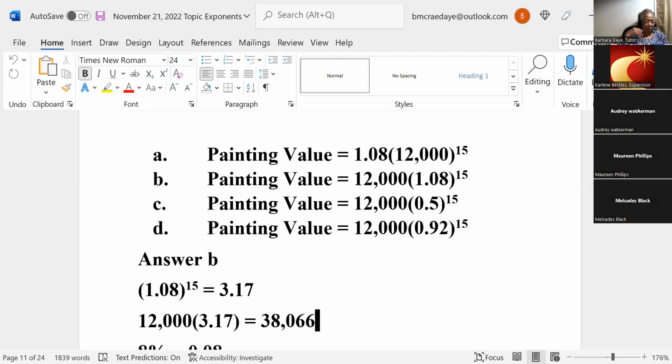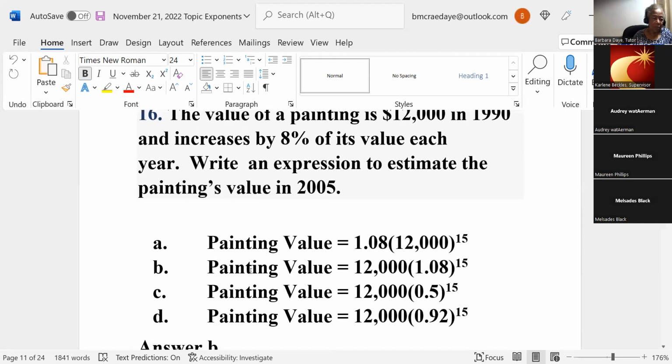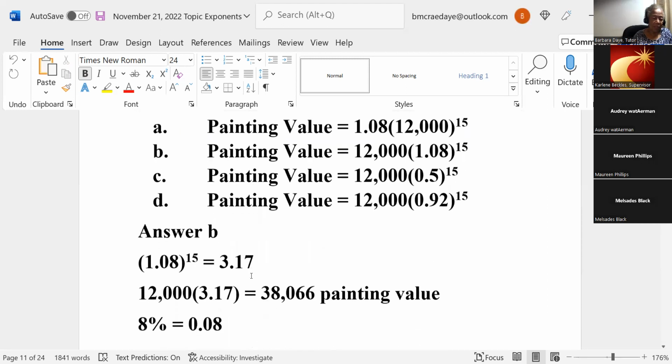I multiplied the entire thing, 3.172169111. I didn't round it. Okay, you probably got something a little different, because I just did it with the 3.17. That would be the painting value, what we're looking for in 2005.